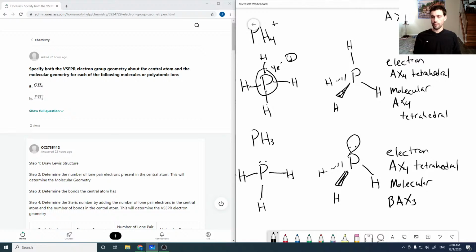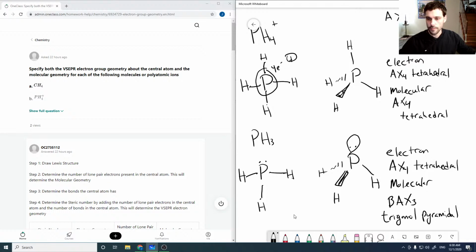So that means for molecular geometry, we're only considering the atoms, not the electrons. And so this is a trigonal pyramidal structure. Okay, so here's one case where they differ.